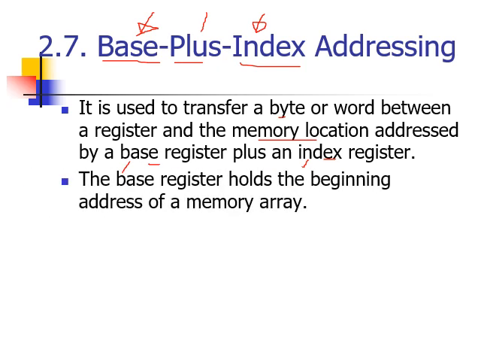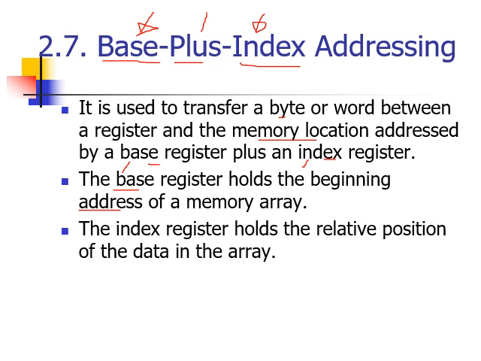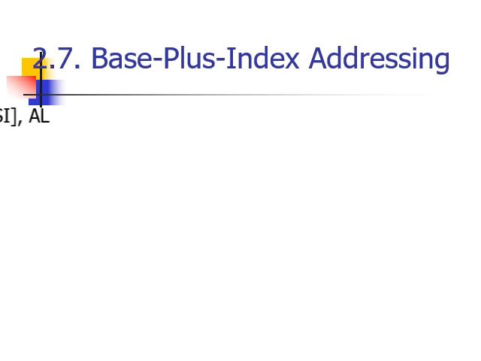So the base gets you to the beginning address, or the starting address, of an array. And whether you go upward or downward will be determined by your direction bit, the D bit inside your flag register. The index gets you the relative position, the array element inside your array, determined by your index register.